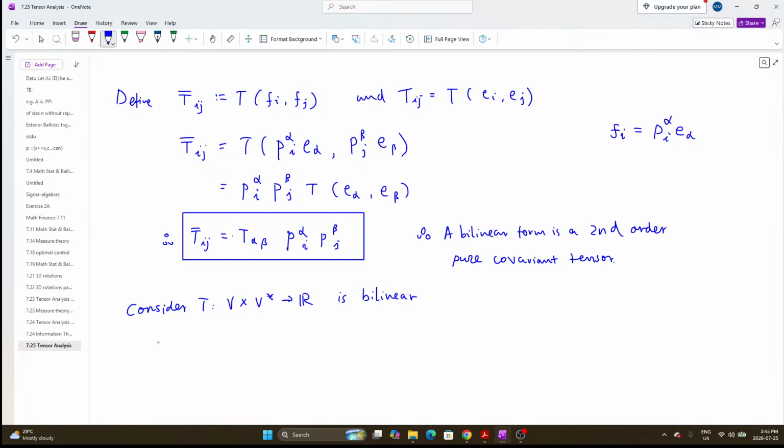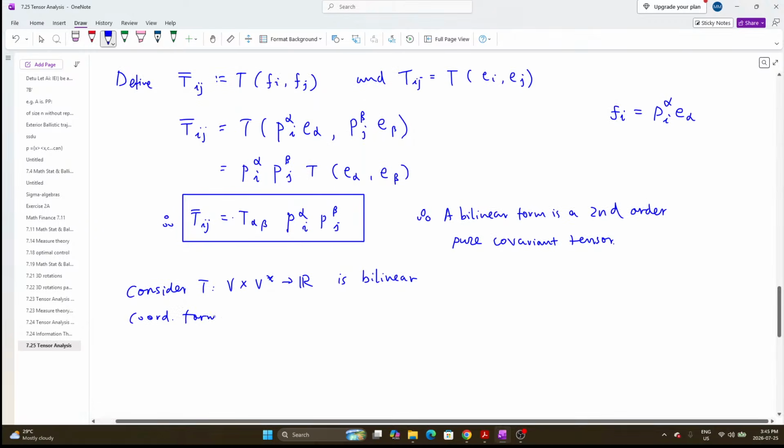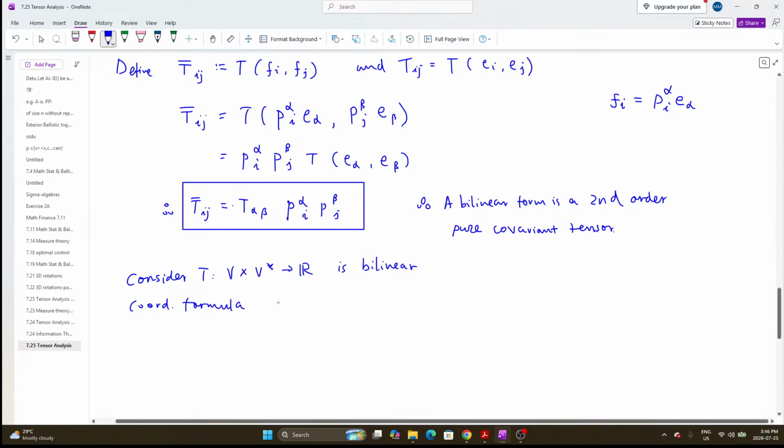Actually, let's consider the coordinate formula. So what should the coordinate form look like? The coordinate formula for T. Let's consider mixed type. Still you're using the E basis for V and E star for V star.